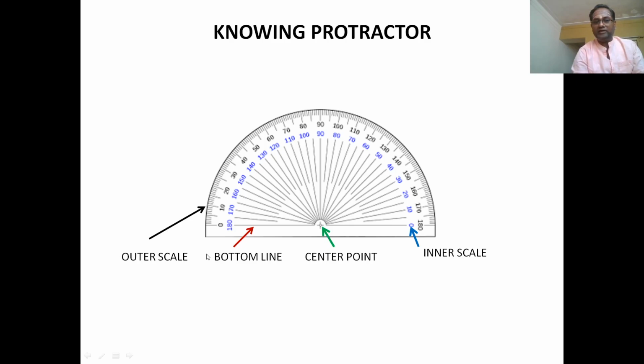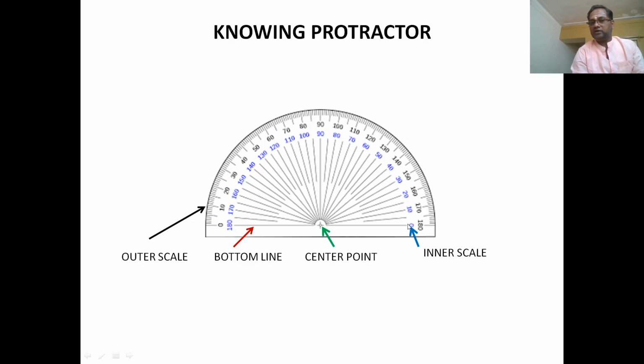There are two scales. One is called the outer scale, which runs on the top from the left end to the right end. And the inner scale, you can see the starting 0, 10, 20, these numbers indicated in blue, these form the inner scale.